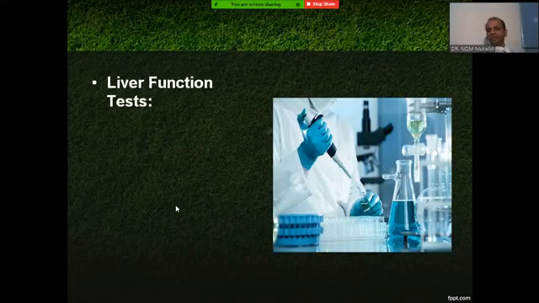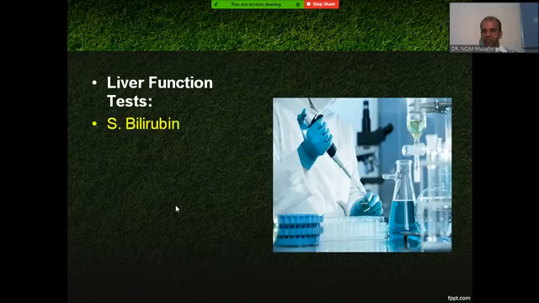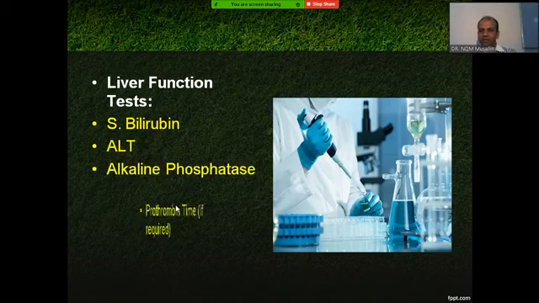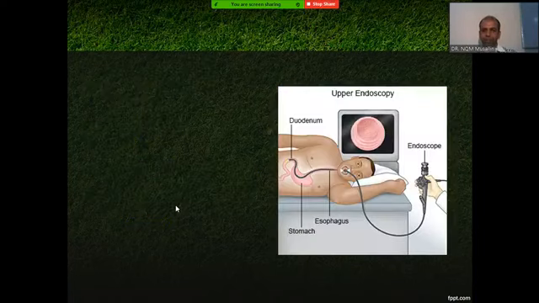And what are the other investigations? The liver function test is a very important associated investigation for chronic cholecystitis. So we should work out serum bilirubin, serum ALT, serum alkaline phosphatase, and the prothrombin time.